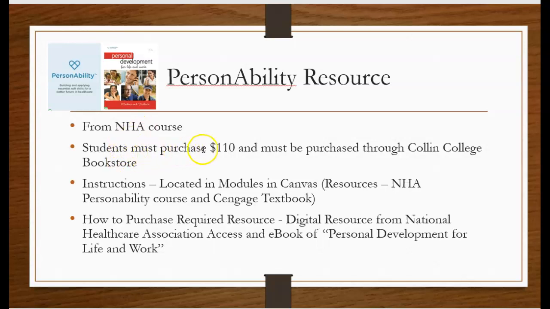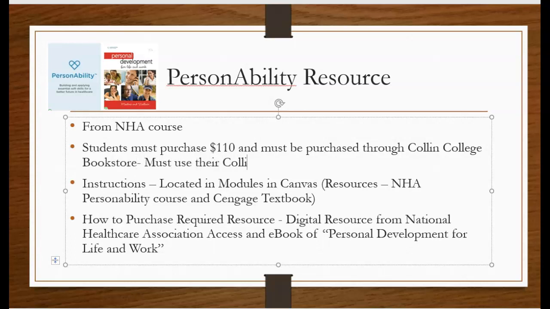The students must purchase it. It costs about $110, and it must be purchased through the Collin College bookstore. They cannot purchase it any other way, and they must purchase it using their Collin email. If they don't use their Collin email address, it makes it very difficult for them to access it and for you to add them into the course on the other side.